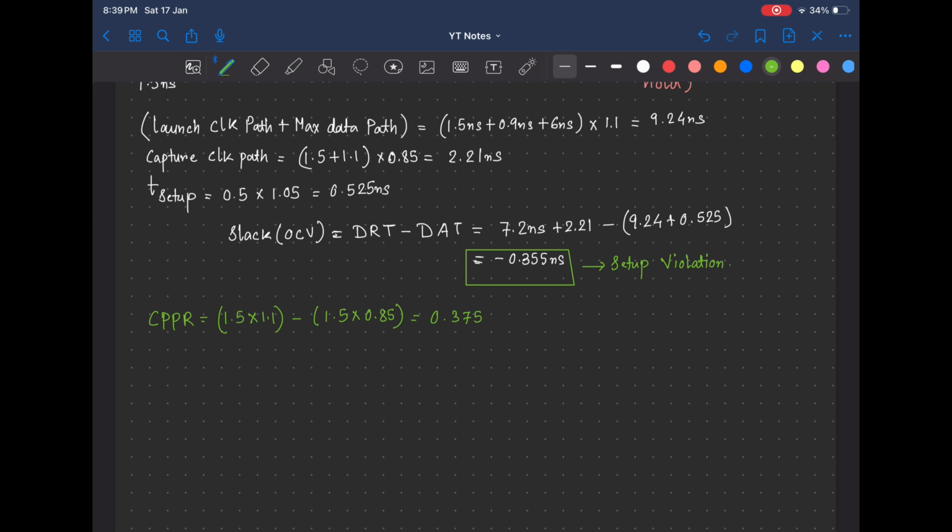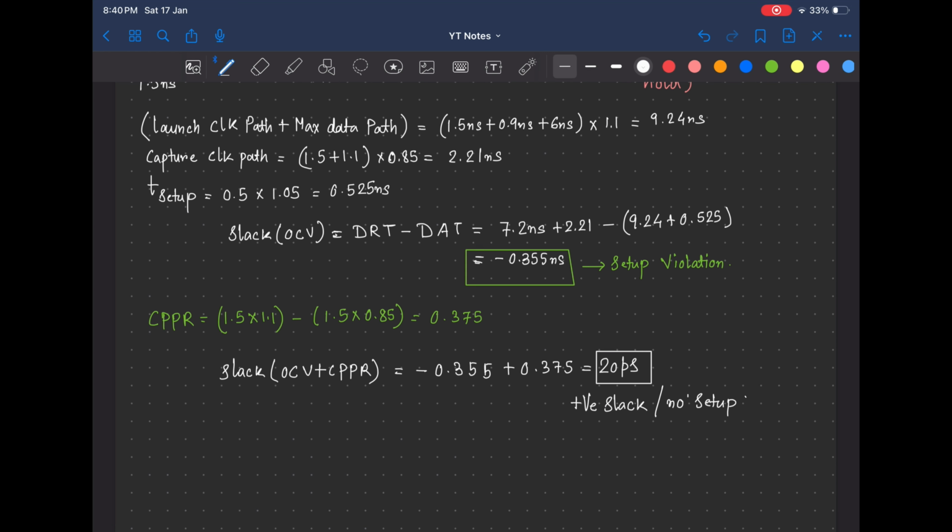So now the slack with OCV plus CPPR is minus 0.355 plus 0.375, which comes to 20 picosecond. So it's a positive number. Now we can say that this is a positive slack, or no setup violation.